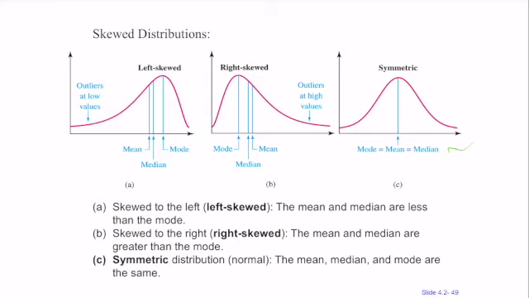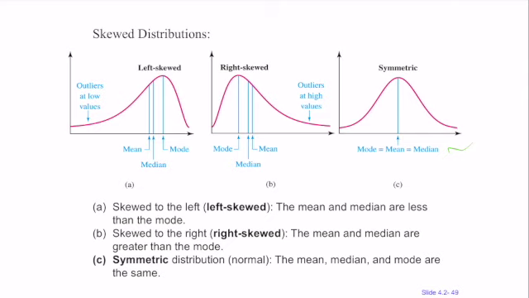Skewed to the left, even though the hump's on the right, means that the mean and median are less than the mode. If something's skewed to the right, even though the hump's on the left, remember it's opposite time, the mean and median are greater than the mode. And symmetric, they're all equal. So remember, left skewed has its hump on the right, and right skewed has its hump on the left.